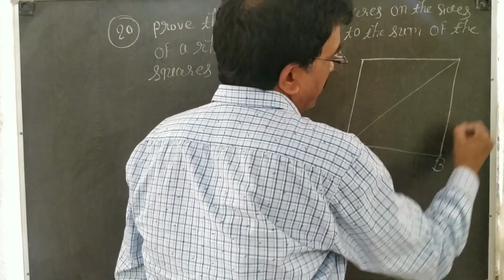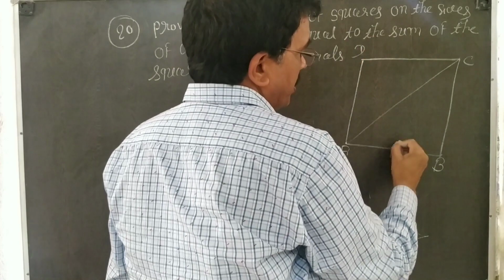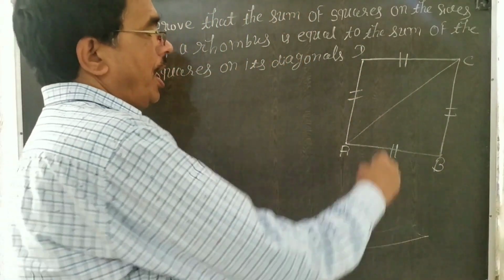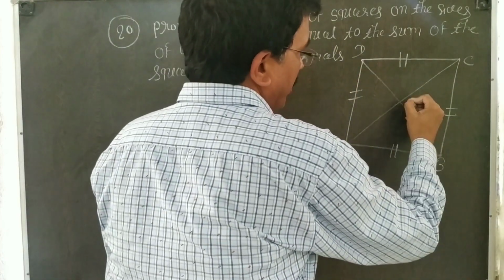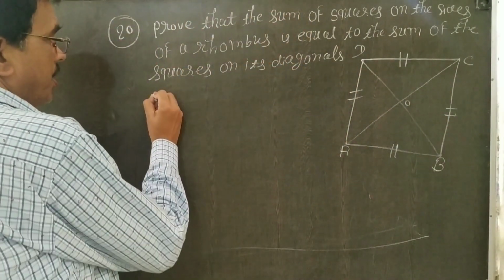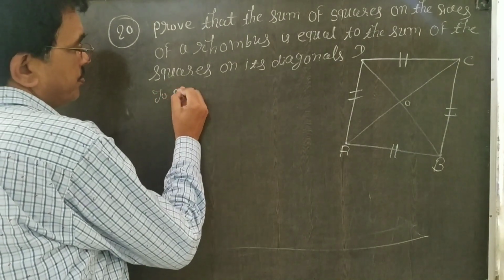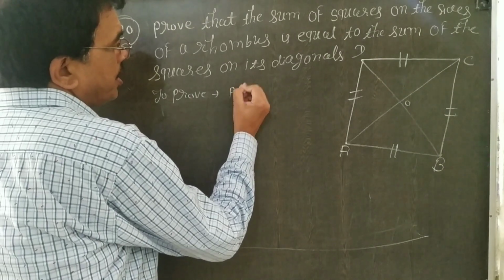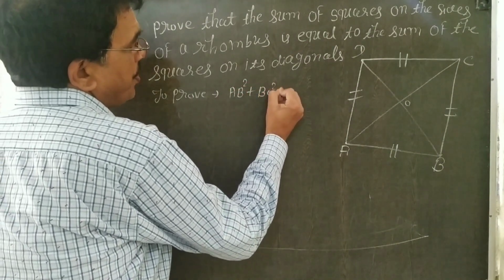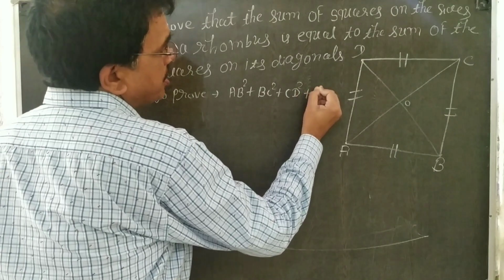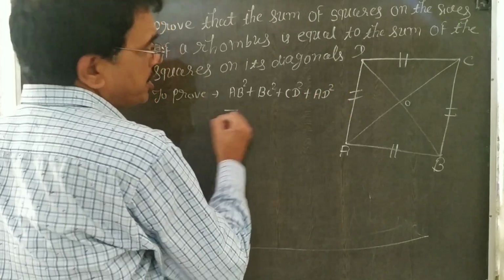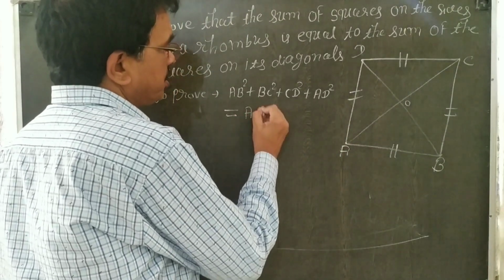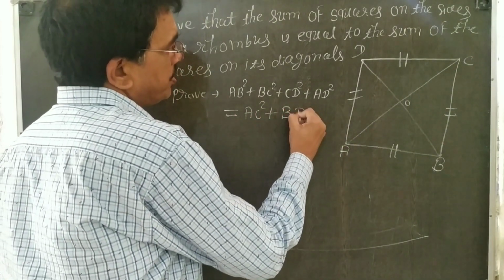ABCD is a rhombus, which means all sides are equal, and AC and BD are the diagonals intersecting at O. Then you have to prove that the sum of the squares of the sides, AB square plus BC square plus CD square plus AD square, is equal to the sum of the squares of the diagonals, AC square plus BD square.